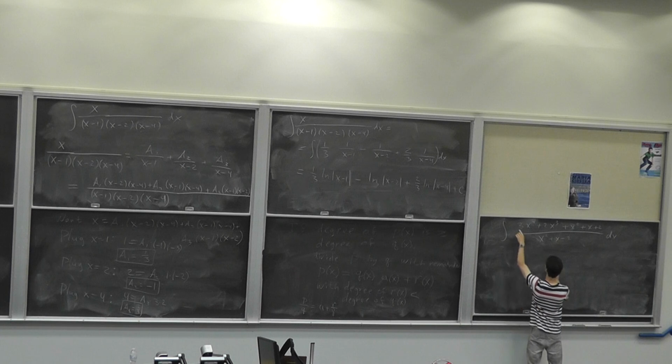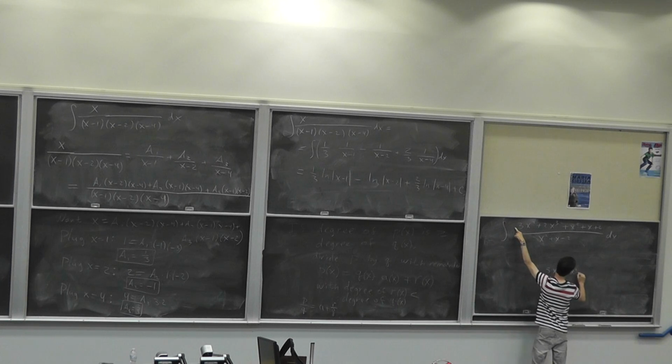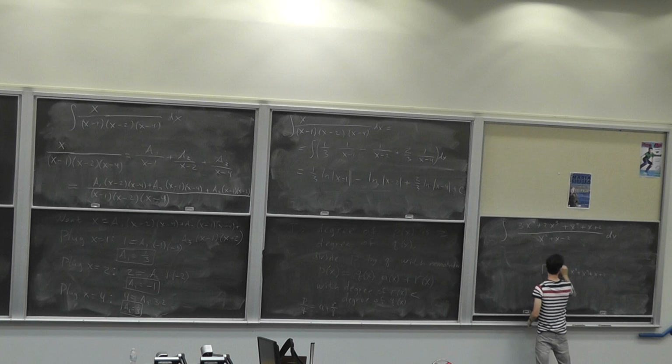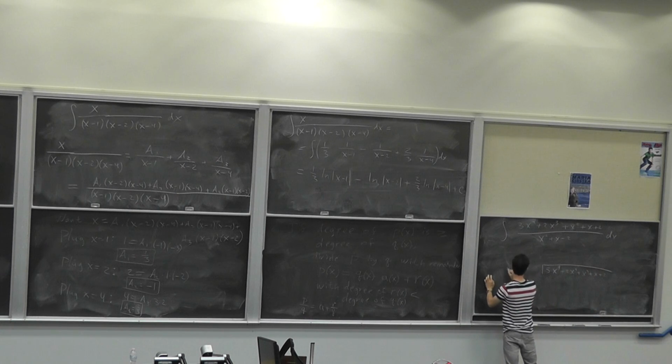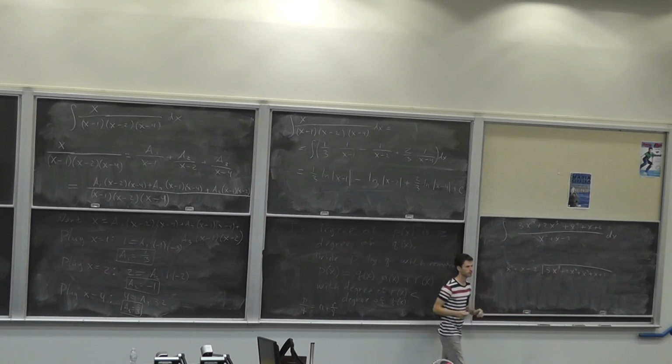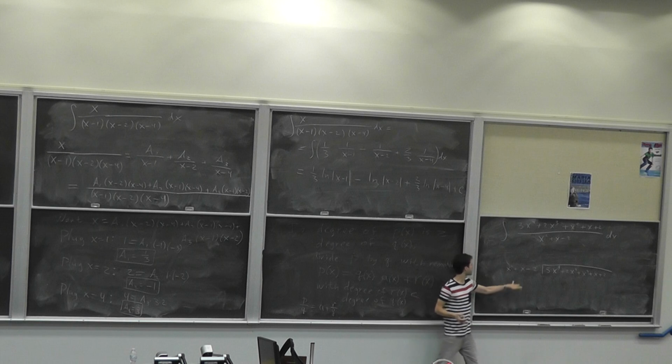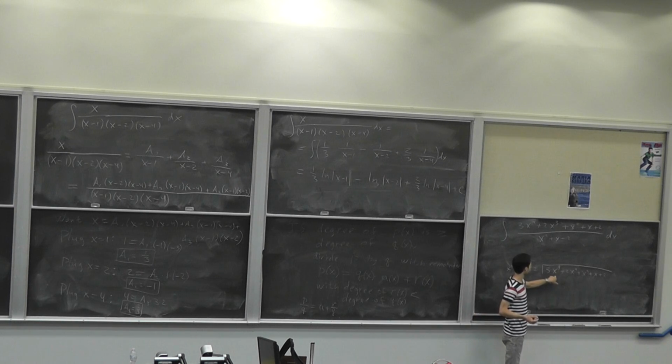So the procedure works like this. I want to divide 3x to the fourth plus 2x cubed plus x squared plus x plus 2 by x squared plus x minus 2. What you do is you try basically to guess the answer term by term.